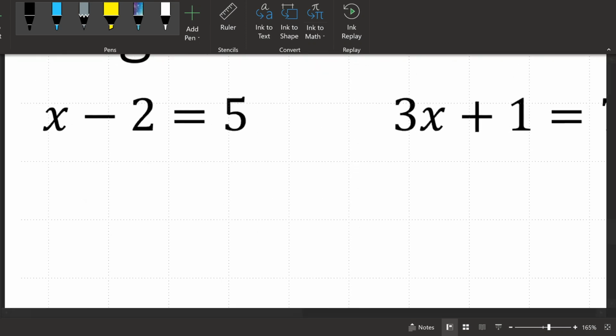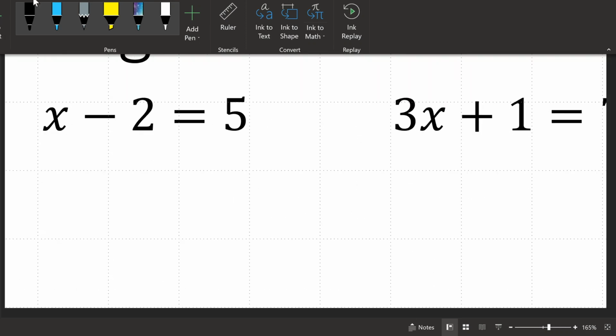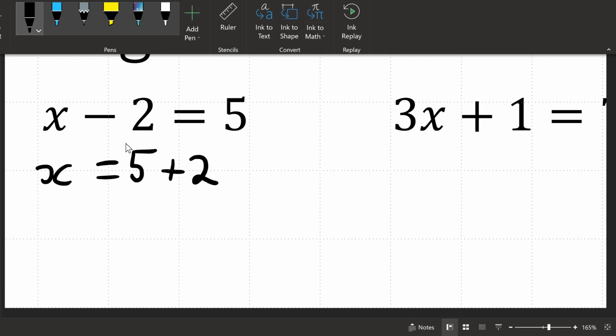So x minus 2 equals 5. So we're saying that some number minus 2 equals 5. So we can say, okay, that's the same statement as x equals 5 plus 2. Now, some of you will know that as you add 2 to each side, they cancel each other out. Or some of you will know, move it over, change the sign.